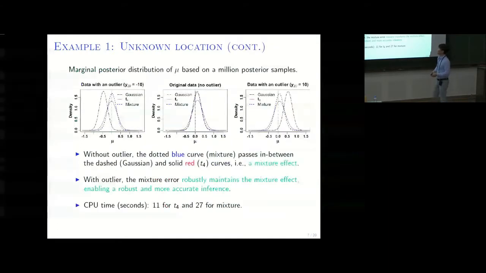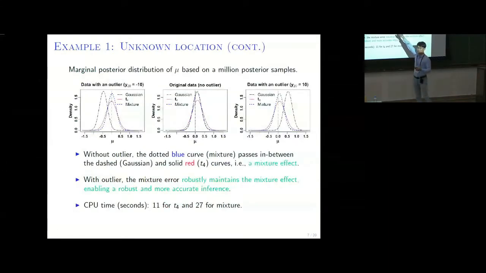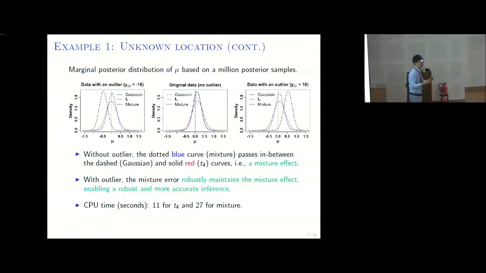So here is the result. The second panel is from the data without outlier. So without outlier, the Gaussian error model, the black dashed curve, has the highest peak near the true value, 0. This makes sense because we are assuming a Gaussian error model for Gaussian data.